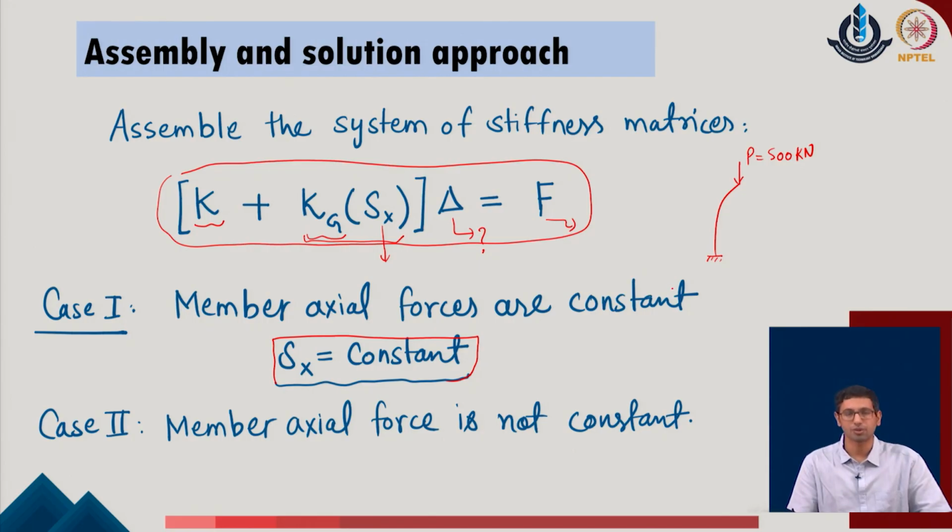If this is the situation, then the problem becomes much easier. We go with the K calculation, which is a linear stiffness. We go with the K of G, which is with respect to a constant value of S of x, so it will also become a constant value. Now you have delta, which is unknown, and the force value is known to us, so you can evaluate the value of the force.